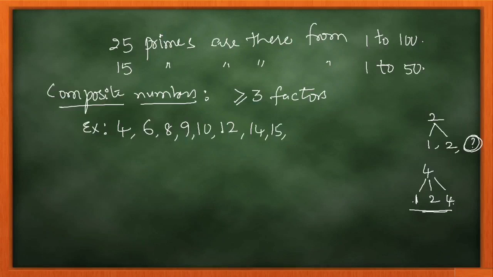From here onwards, after 4, whichever are not prime numbers, the remaining all are composite. 16, 18, 20, 21. If you remove all the prime numbers, the remaining numbers are called composite numbers. So these are the different numbers in the number system: even numbers, odd numbers, prime numbers and composite numbers.